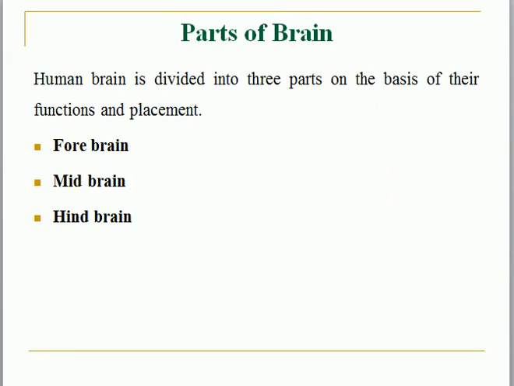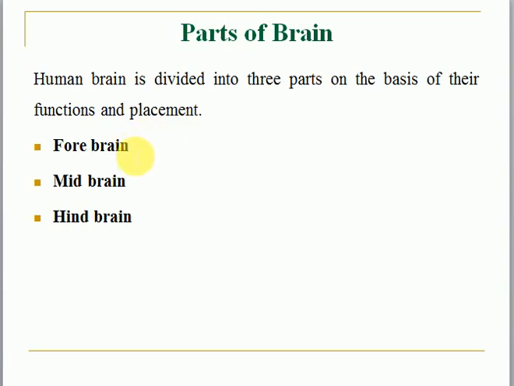When we talk about the parts of the brain, the human brain is divided into three parts on the basis of their function and placement. That is forebrain, midbrain, and hindbrain. Each one has its own functions and a particular function it performs, as well as a specific location in the brain.